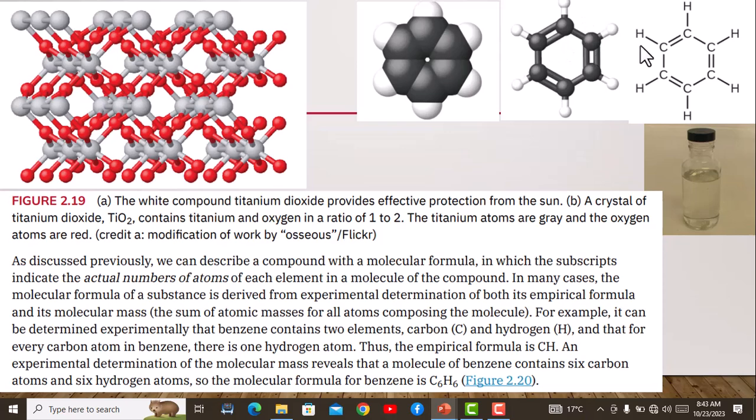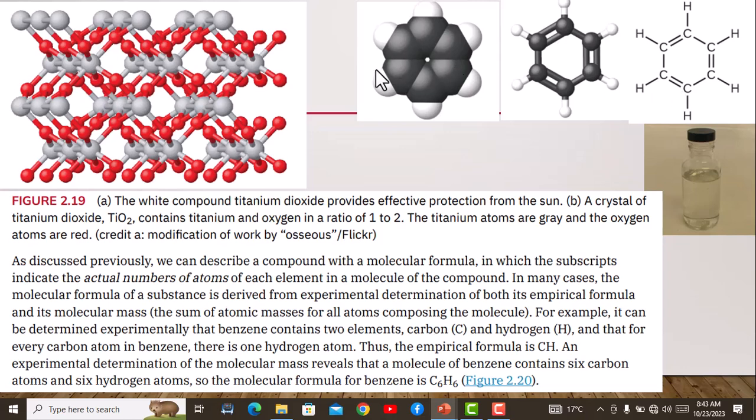Very important. So we have carbon and hydrogen here. We are not talking about titanium. Please be aware, this is a carbon to hydrogen bond. So this is something very different. I think this is benzene, but we will deal with that.